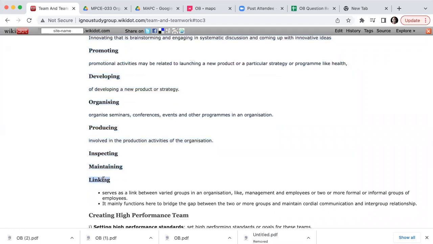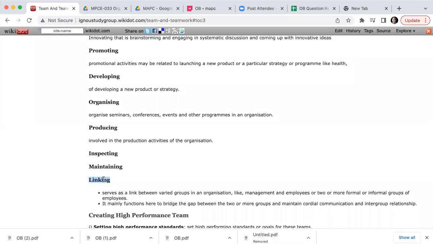And one more aspect is linking. Here we are talking about teams which are bridging the gap between two different groups. To give an example, let's say one group is solving defects which are coming in a particular system or a Jira or whatever it is, right?